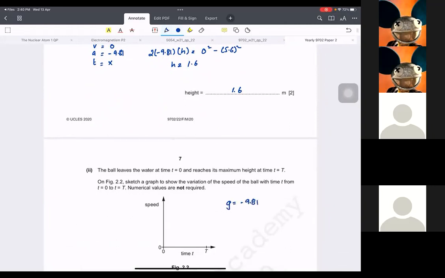So it will be a straight line. It will go from 5.6 to 0. And it will be a straight line. Why straight line? Because this is constant throughout. It's not changing, right? You remember that?